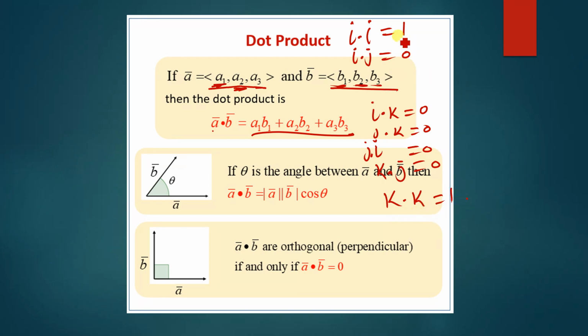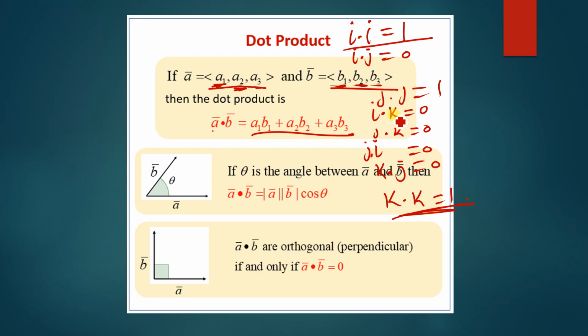Most of them are zeros except for i dot i, j dot j and k dot k, which are equal to 1. The rest are zeros when you're talking about the dot product.